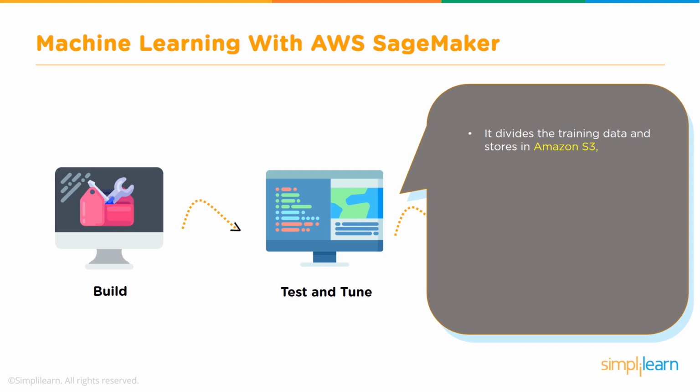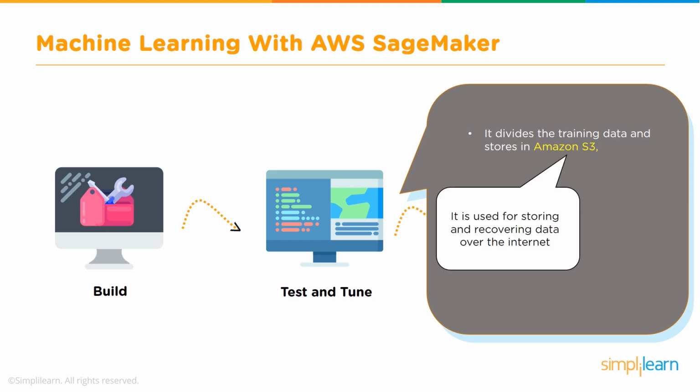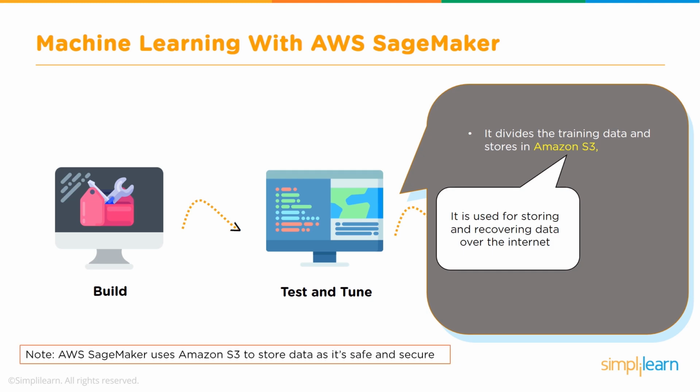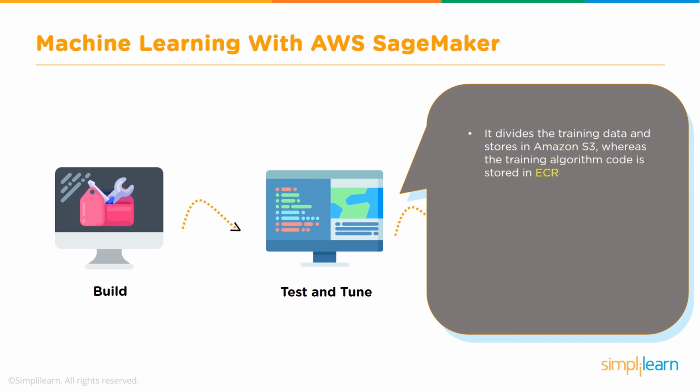S3 is a simple storage service which is primarily used for storing objects and data. Hence, it is used for storing and recovering data over the internet. Below you can see that AWS SageMaker uses Amazon S3 to store data as it's safe and secure. Also, it divides the training data and stores it in Amazon S3, where the training algorithm code is stored in the ECR. ECR stands for Elastic Container Registry, which is primarily used for containers and Dockers.